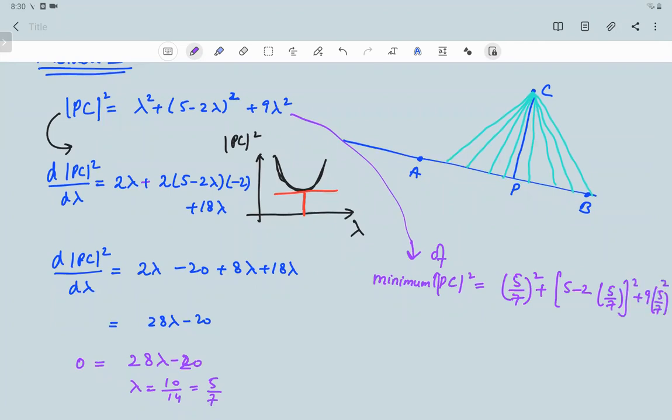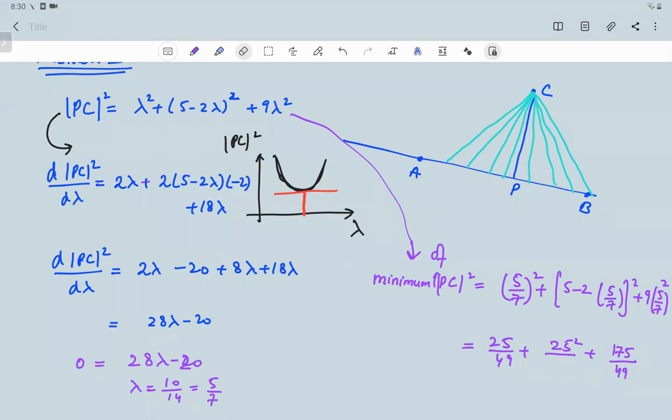Now if we simplify it, I think we will arrive at the same point. 75 minus 10, 25 square over 7 square plus 25 into 9, it's 175 over 49.